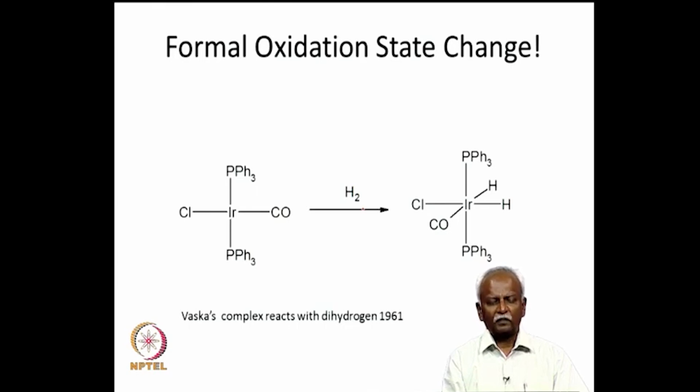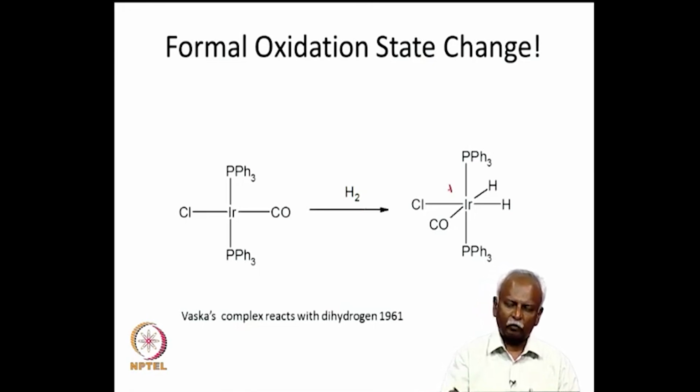Now, Vaska's complex was in fact the first complex where many oxidative additions were studied. This is another example where direct addition of hydrogen can be carried out with Vaska's complex. Interestingly, you can add hydrogen under pressure and form a compound in which 2 hydrogen atoms are added to the iridium, and again the formal oxidation state is +3.